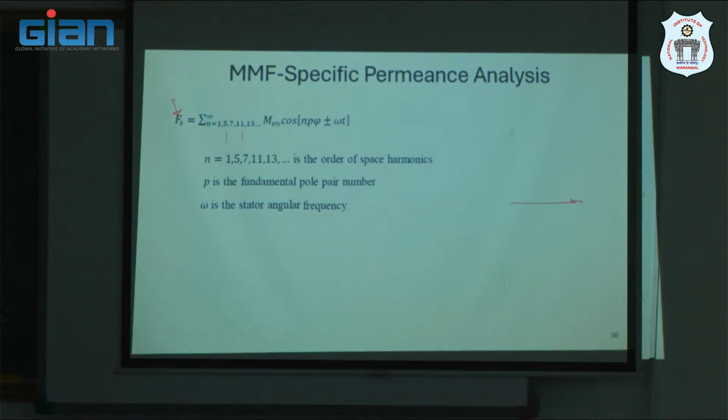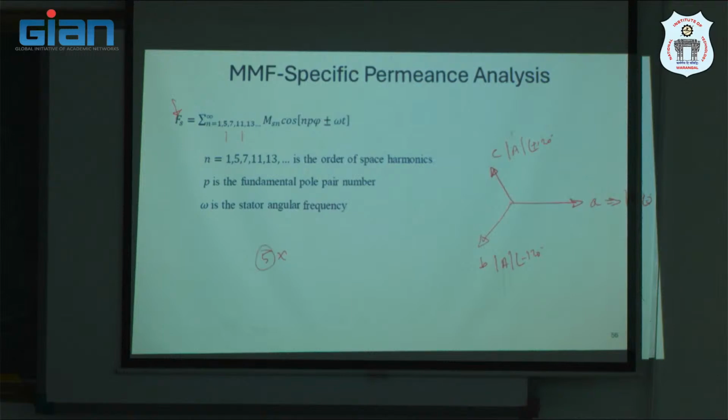If I take a magnitude and an angle 0. This will be the same magnitude but angle minus 120. This will be the same magnitude, angle plus 120, right?